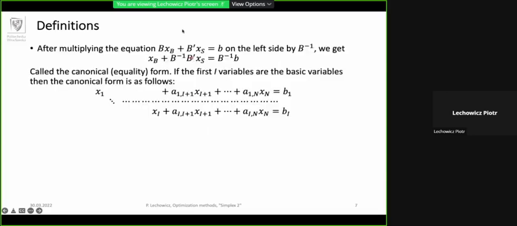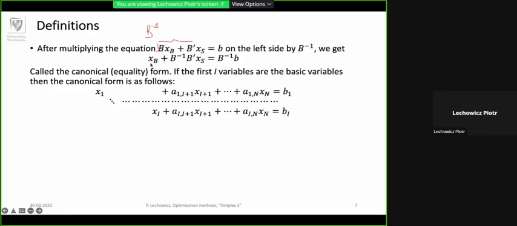So if we express our equality constraints by this equation, if we multiply them from the left side by the inversion of our basic matrix, so we take this equation and multiply it on the left side by the inversion of B matrix. This becomes 0. It is the identity matrix.